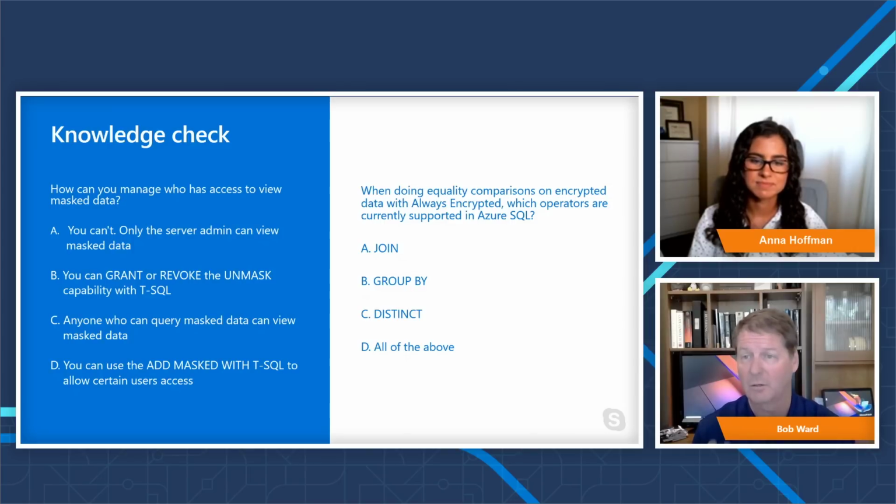That's not true, because that's the whole idea of masking, right? You run a query against masked data, you can only view it if you've been granted access to that. And then A says only server admins can view masked data. That's not true. The whole purpose of this feature is to grant specific people access to view data. Therefore, B, using GRANT or REVOKE, is the way to manage access to view masked data. So I would say B.